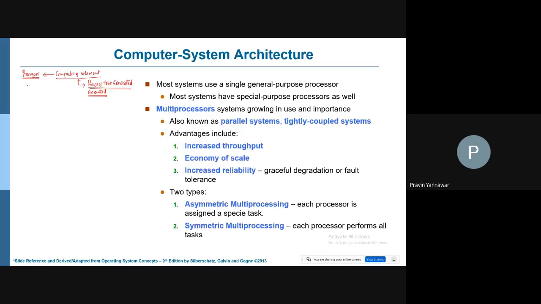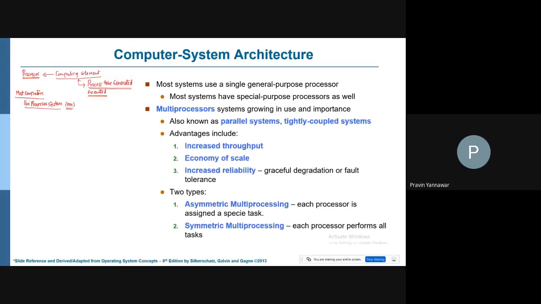So in most computers we find a uniprocessor system. Uni stands for one, so they have only one processor.